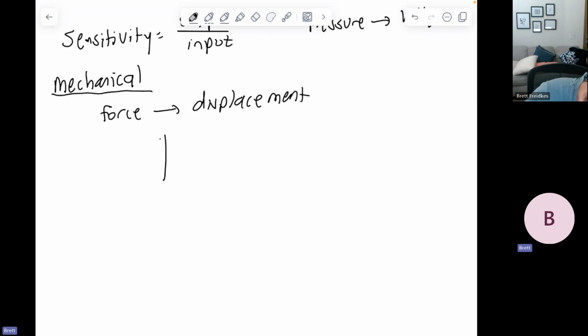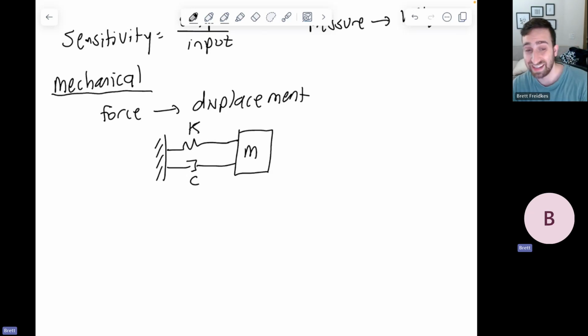So let's go ahead and look at a spring mass damper system. We have some mass, some stiffness k, and some damper c. And I'm going to pull on this mass with some force. And that force is going to cause this thing to move at some amplitude or some rate of displacement x of t.